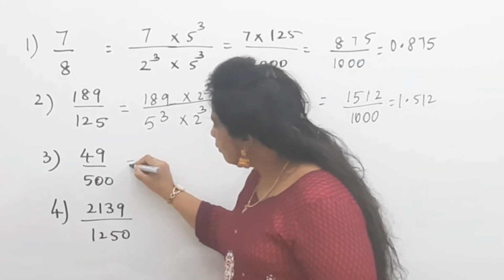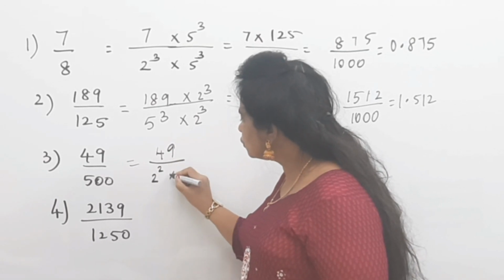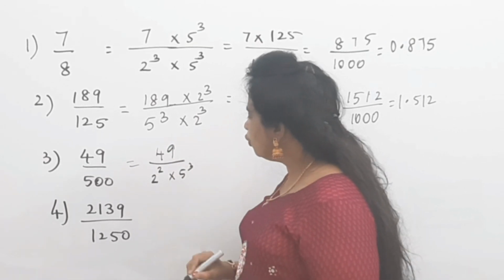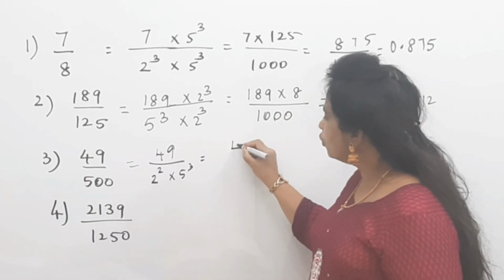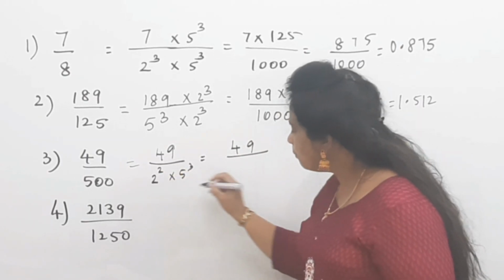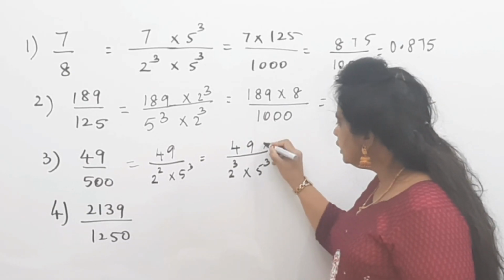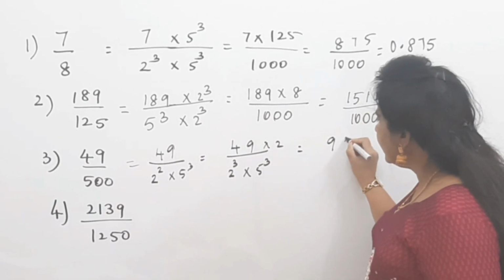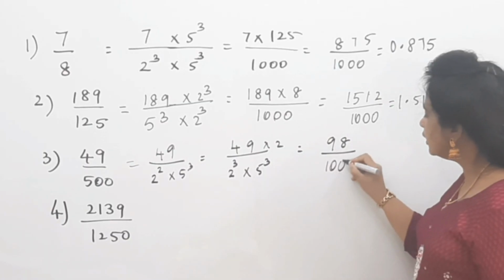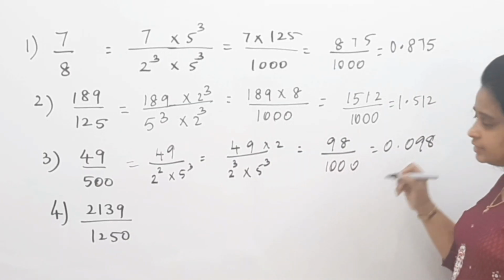Next number, 49 divided by 2 square into 5 cube. I should have the same power, so 2 cube into 5 cube, multiplying by 2, that is 98 divided by 1000, which is equal to 0.098, as simple as that.